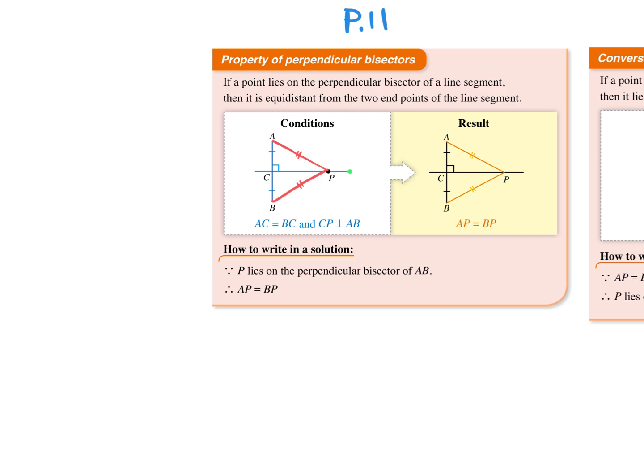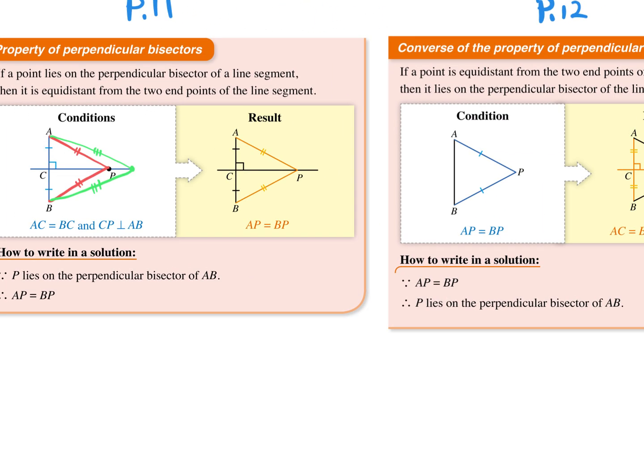If another point here is on the perpendicular bisector of AB, the length should be equal also. And that's it. It is called the property of perpendicular bisectors. And the converse is always true.